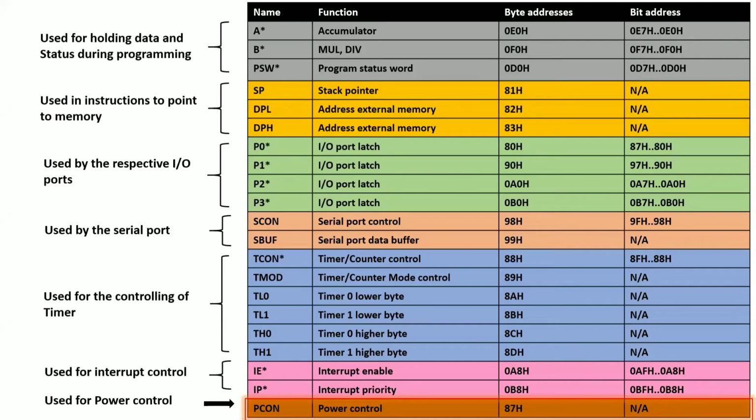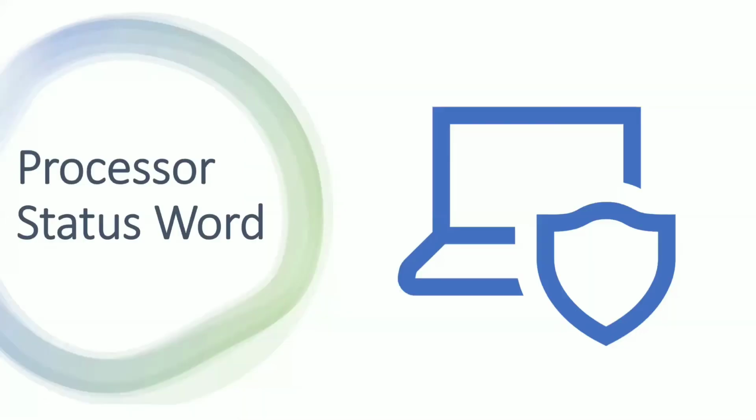Each and every register has an address, which we have seen in this table. Now we have seen the A register and B register. The important register which we need to see next is the processor status word, or program status word.